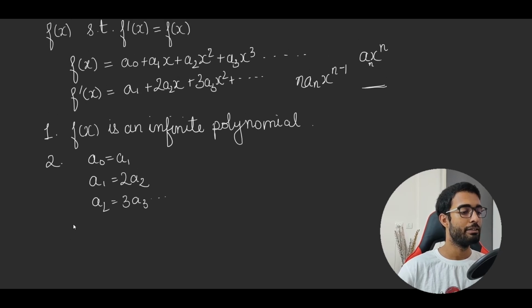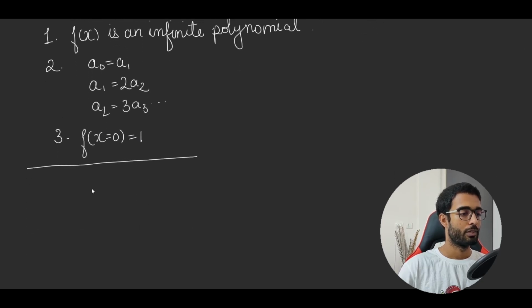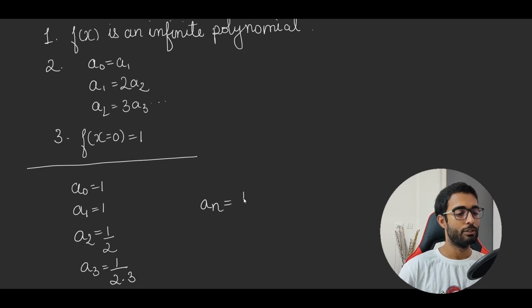Now let's define the value of this function at x equal to 0 to be 1, and thus substituting the value of a0, we get the rest, and so on. So in general we can say that an is equal to 1 by n factorial, that is 1 into 2 into 3 up to n.